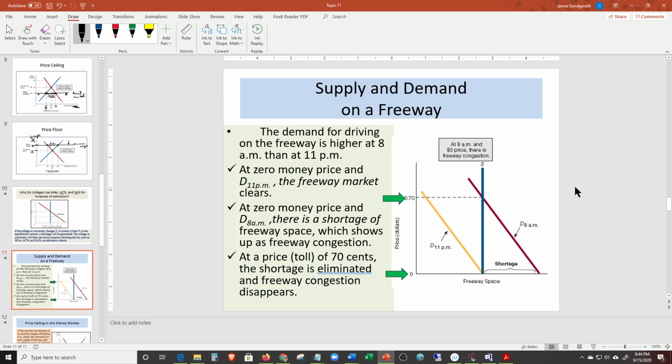Supply and demand on a freeway. So at 11 p.m. at night, since it doesn't cost anything to drive on a freeway, it's free, not a tollway, then there's plenty of space, no shortage. But during rush hour, there's a big shortage. So really a toll of 70 cents would clear away the shortage.